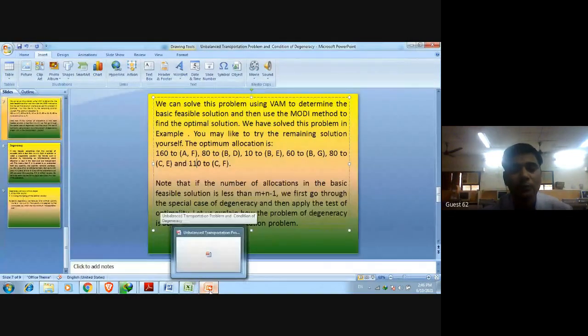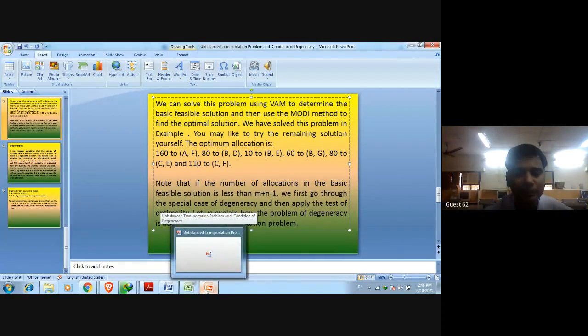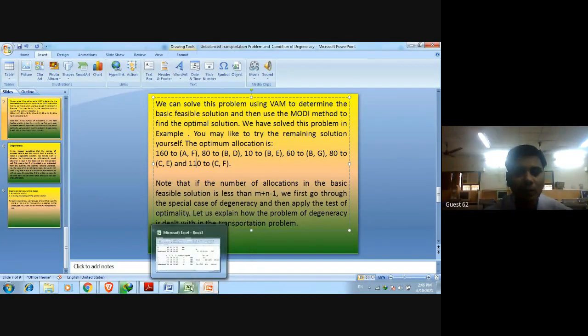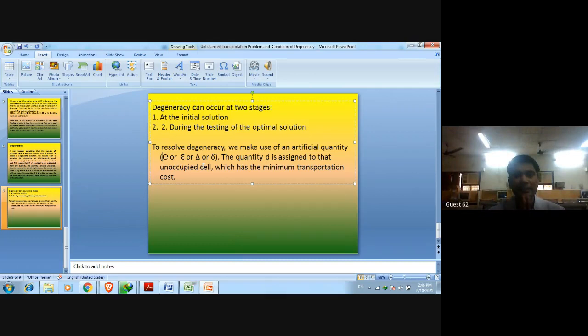So we have to introduce a very small quantity. You can say epsilon or E or delta; a symbol will be used here. These are the symbols that we will use to allocate. Actually, this quantity is very small.